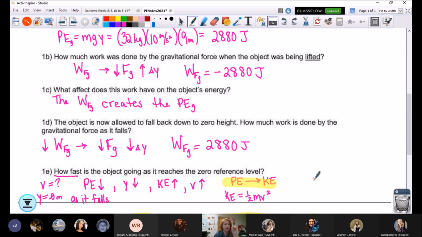Once it reaches the 0 level, the height no longer exists, so there's no more potential. If there's no more potential, that means all of it was converted into kinetic. Now I want you to keep in mind, whenever we're talking about these, we're talking about ideal situations: no friction, no air resistance, no heat transfer. It's ideal, 100% PE to KE conversion.